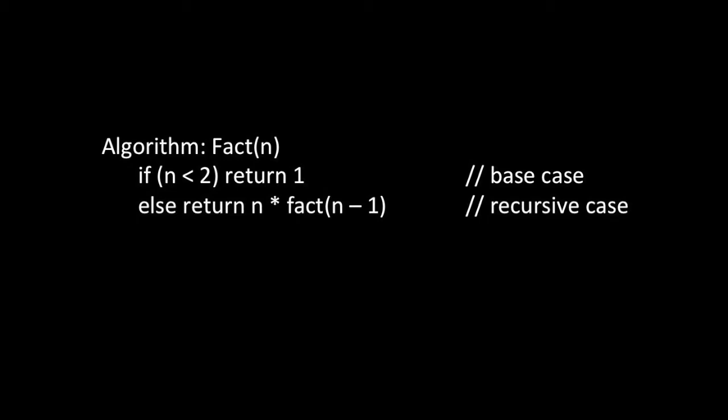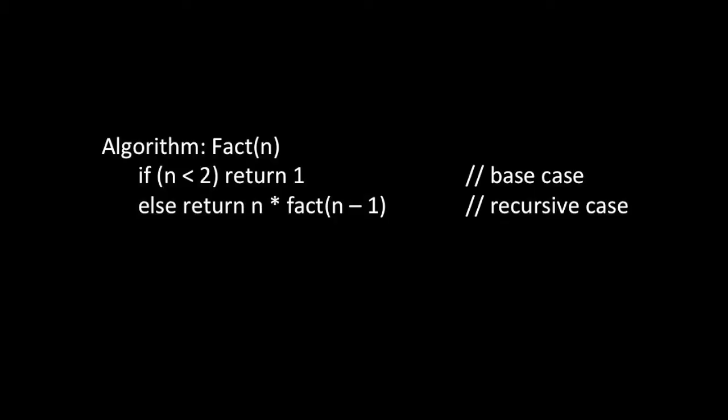That's my base case. Else, I return n, which is going to be 2 or greater, times fact of n minus 1. That's my recursive case. Wow, this is so clean.